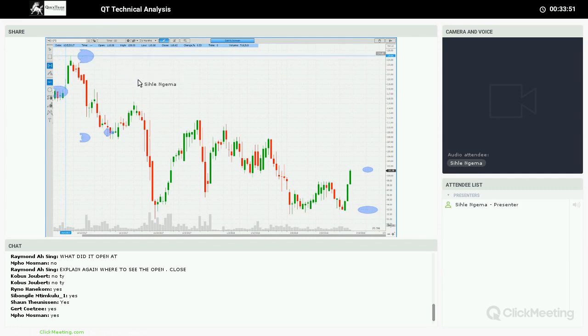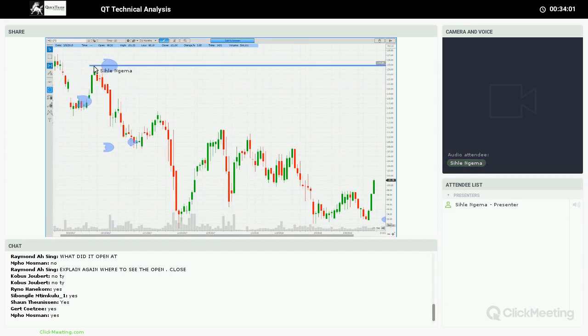As you can see, on the first line, I'm basically identifying this particular area there. As you can see, the share price was going up. When it reached this line here, the share price started coming down, right?